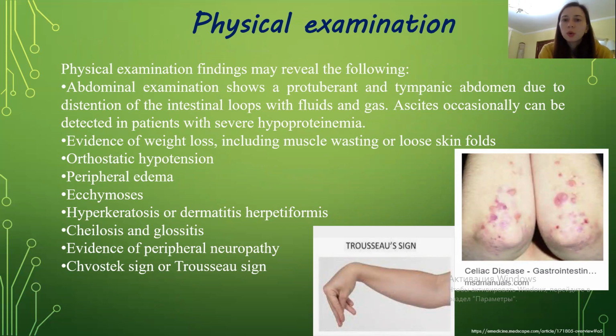Evidence of weight loss includes muscle wasting or loose skin folds, orthostatic hypotension, peripheral edema, ecchymosis, hyperkeratosis and dermatitis herpetiformis, halitosis and glossitis. Evidence of peripheral neuropathy, Chvostek sign and Trousseau sign.